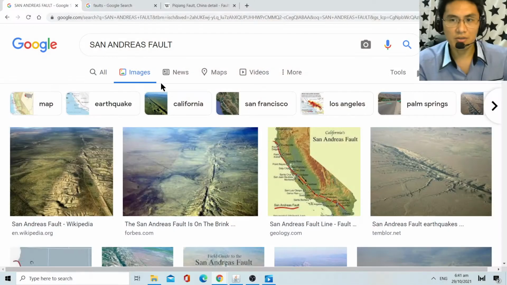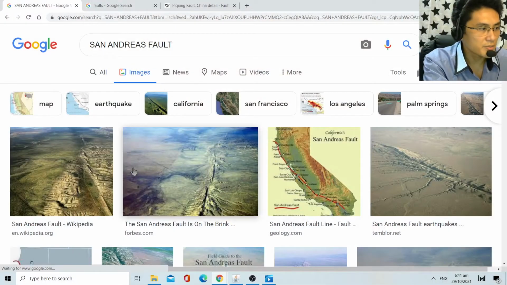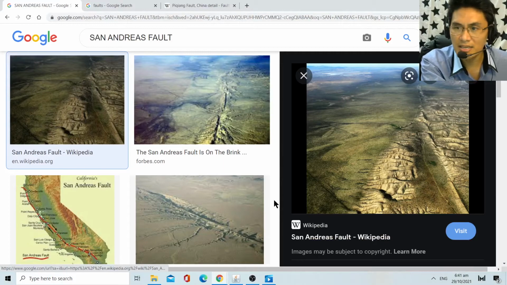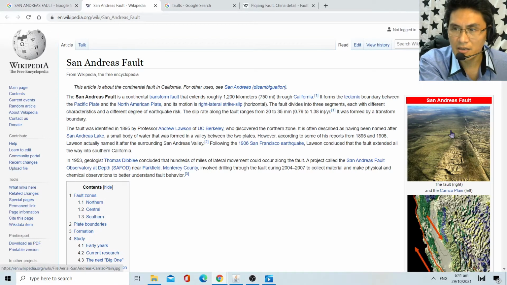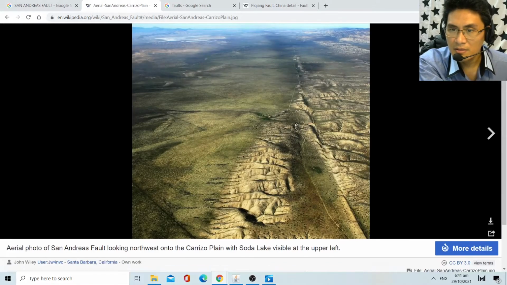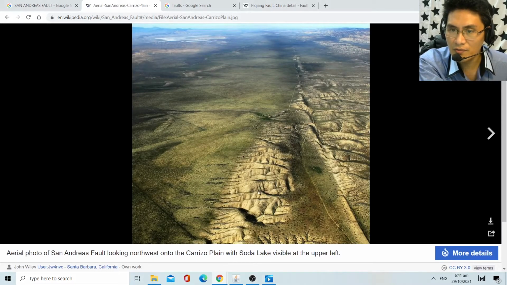So that is what a fold is. I will pull up here San Andreas Fault, a famous picture of San Andreas Fault. I'm sorry, I'm not showing my screen, but if I show you that picture, you can really see that you have these folds.